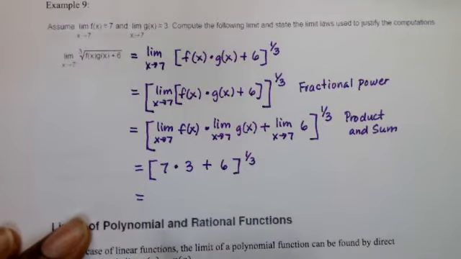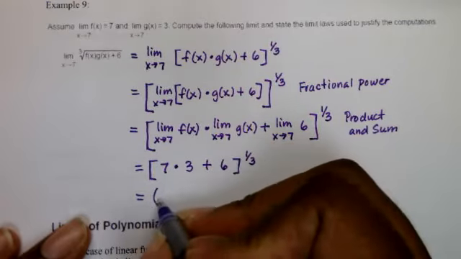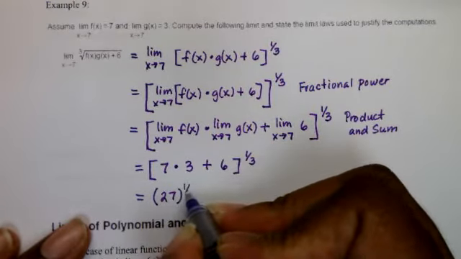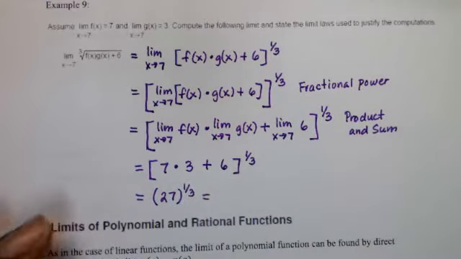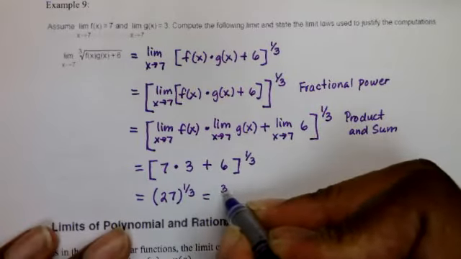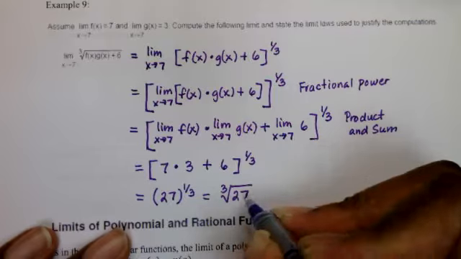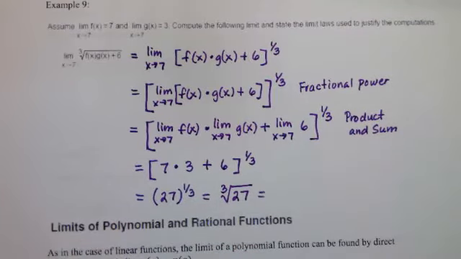Now let's simplify. 7 times 3 is 21. 21 plus 6 is 27. So I have 27 to the 1/3 power. In radical form, this is the cube root of 27. What number to the third power would give you 27? It has to be 3. So the final answer there would be 3.